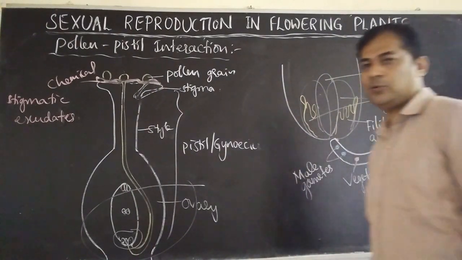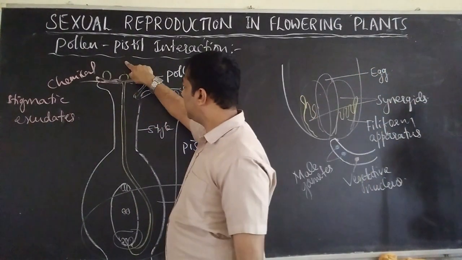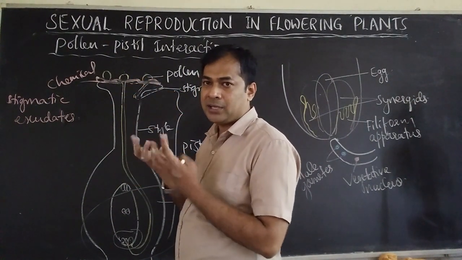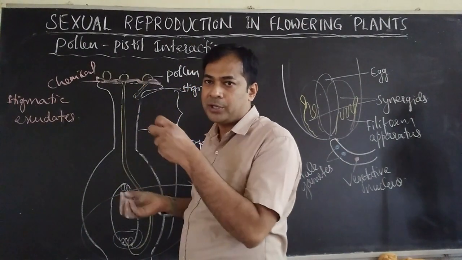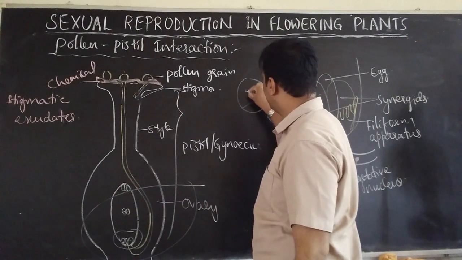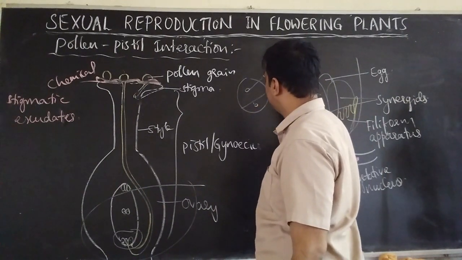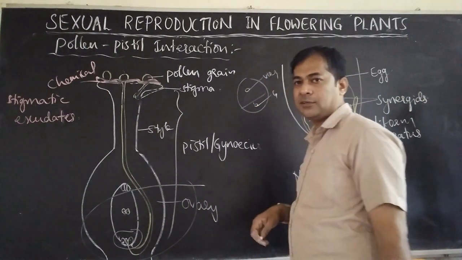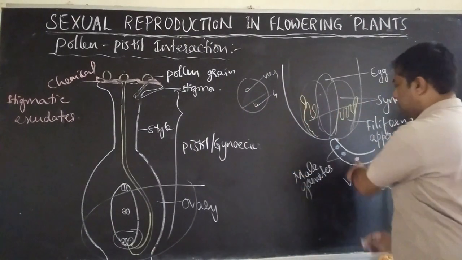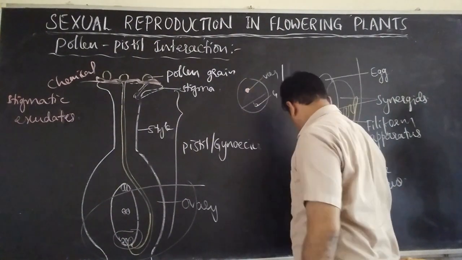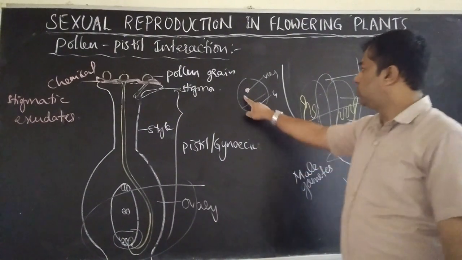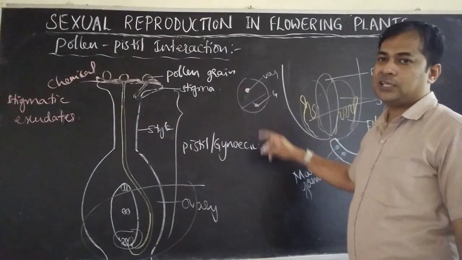You just need to recall. The pollen grain came and landed on the stigma. The stigma produced a chemical, and that chemical helped the pollen grain to produce the pollen tube. Then in the pollen grain, two cells were there, one vegetative and one generative. This is the vegetative nucleus, this is the generative nucleus. Since two cells are there, this pollen grain is called the two-cell stage.